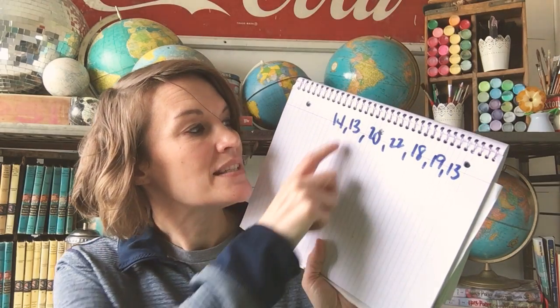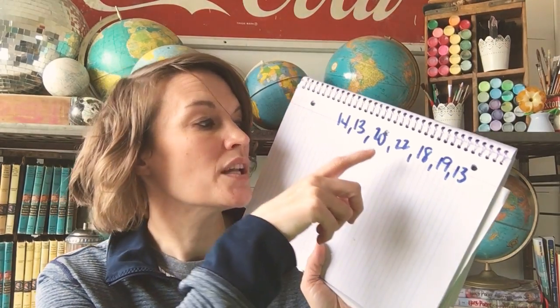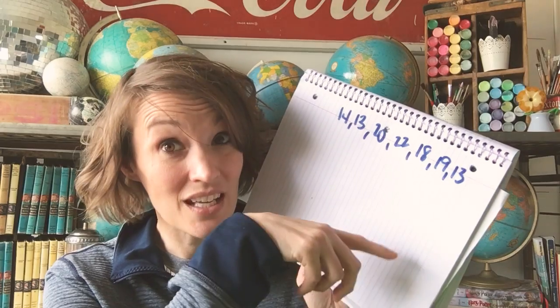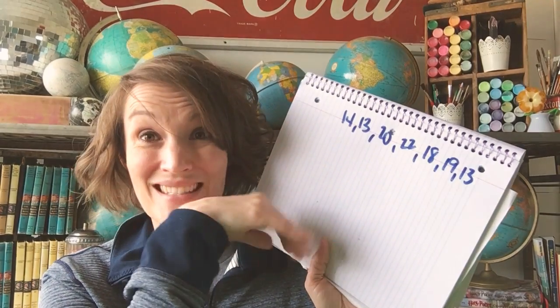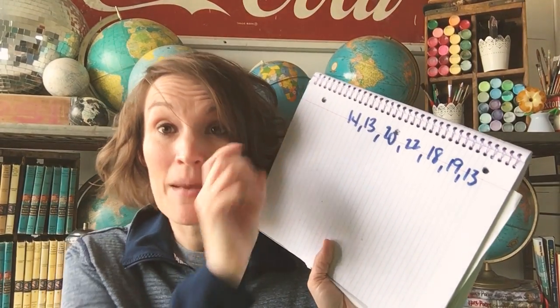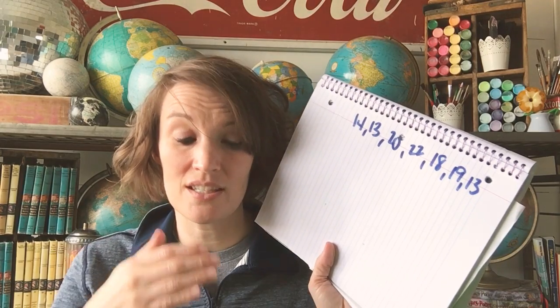So I have this set of numbers, 14, 13, 20, 22, 18, 19, 13. And I need to find the standard deviation. So step 1 to find standard deviation is to find the mean or the average. So I say 14 plus 13 plus 20 plus 22 plus 18 plus 19 plus 13, all divided by the number of numbers there are.